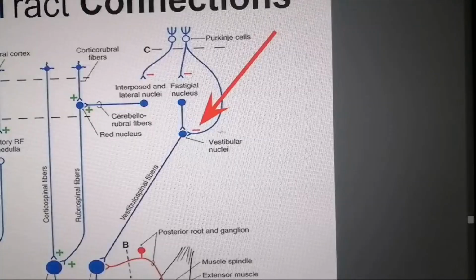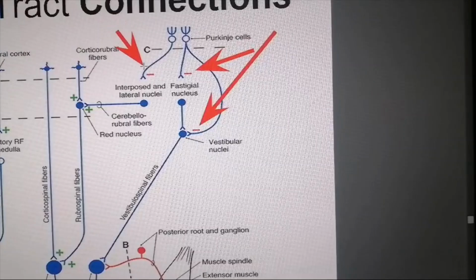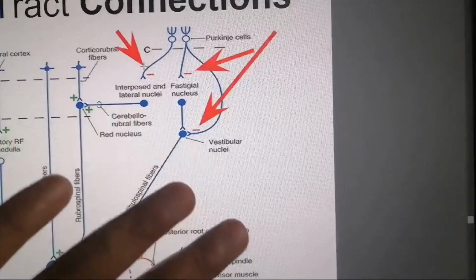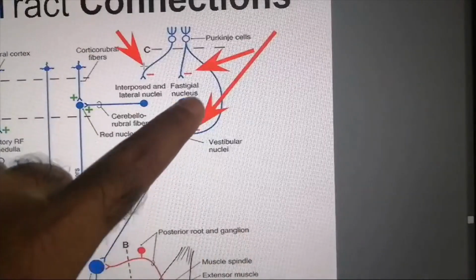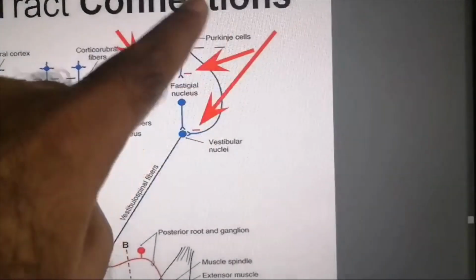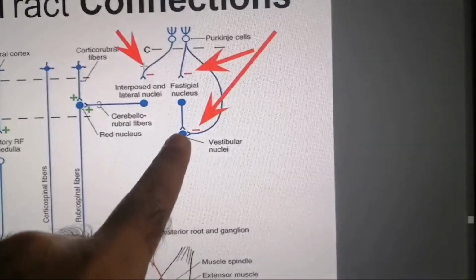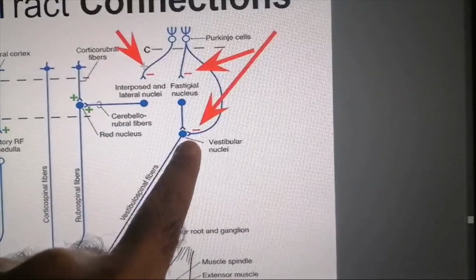The cerebellum is inhibiting the vestibular nucleus. There are all sorts of negatives here. So it suffices to say at this point, where we have not formally read the cerebellum, that the cerebellum basically inhibits the daylights out of the vestibular nuclei.